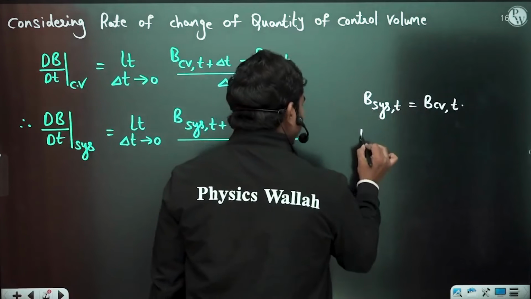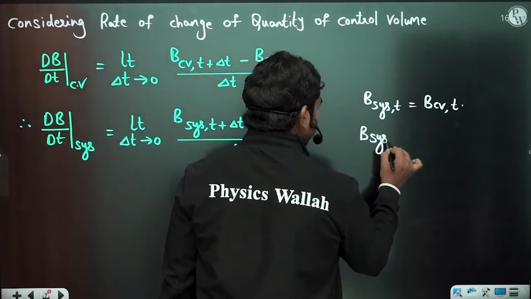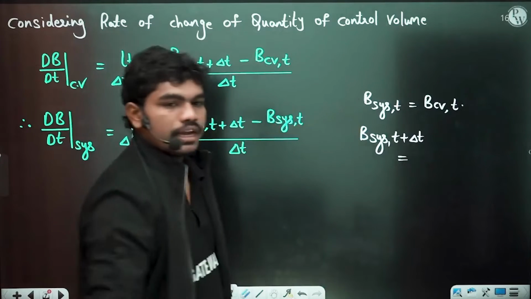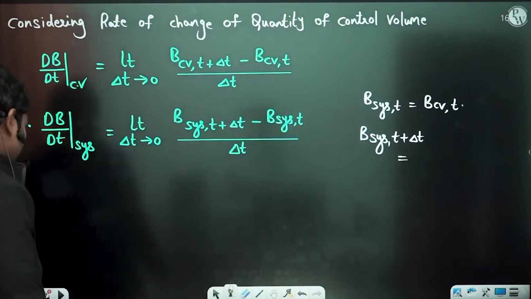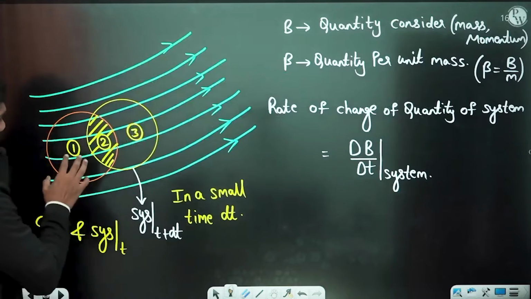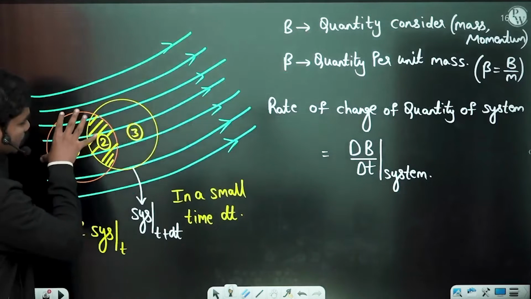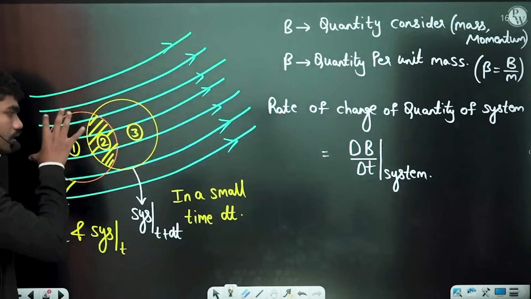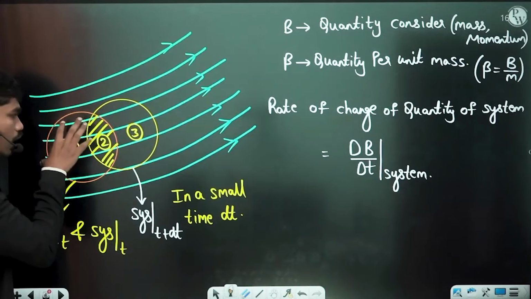Now b of the system at time t plus dt, let us start writing from this t plus dt. If you want to know the quantity of the system at time t plus dt, the system moved from this location to this particular location. Initially the orange volume is the volume of the system.